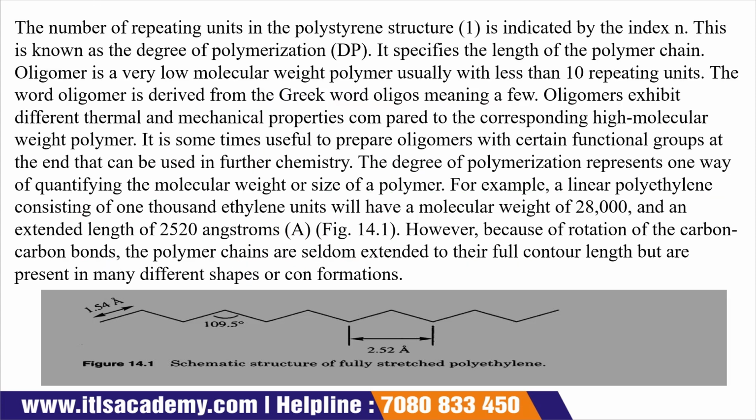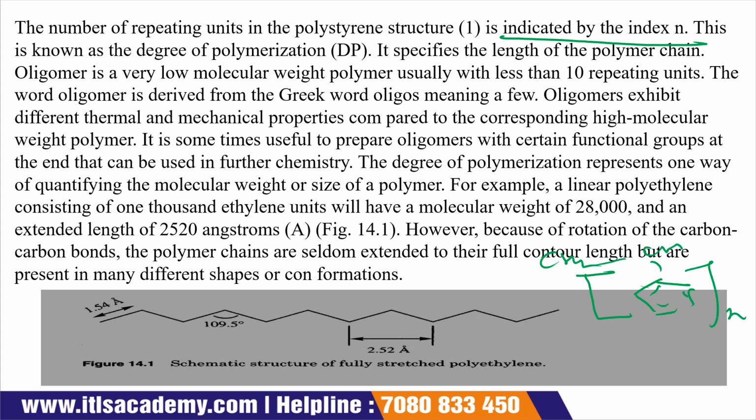Now the next is, the number of repeating units in the polymer structure is indicated by the index n. Okay, in the first structure you see the number present in the bracket like this.